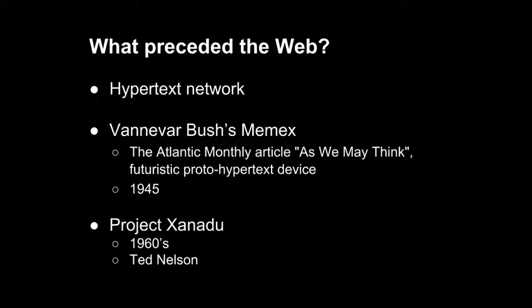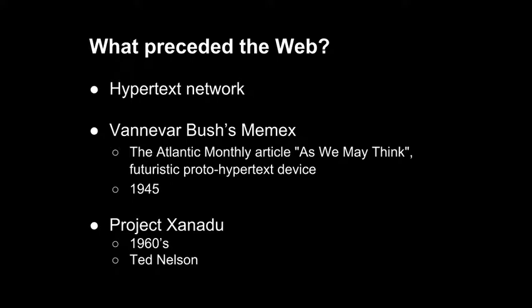So if we have the web now, did it come into existence all on its own, or was there something that came before it? Well, actually, there were quite a few things that came before it. The web is a hypertext network, which means that you have multiple documents that can be linked together, and the end user can then make connections between pieces of information by following those links.